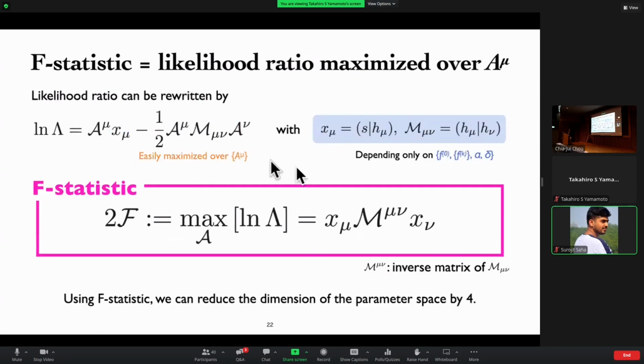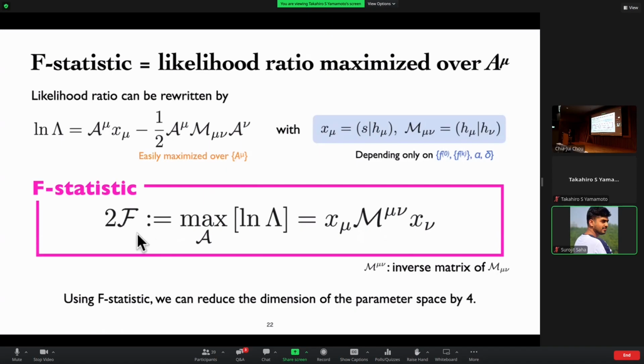So we can rewrite the likelihood ratio into this. And this is quadratic in A. So we can easily maximize over the amplitude parameters analytically.